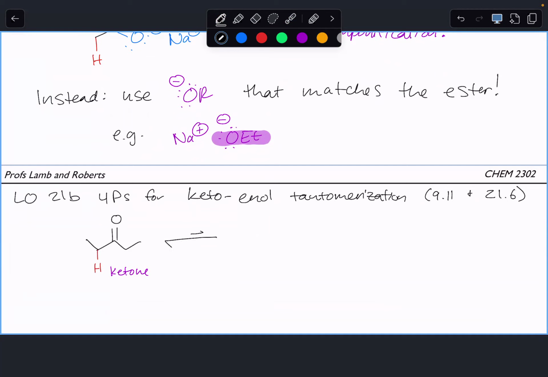It actually favors this direction to our enol form. Again, ene, alkene, ol, alcohol. We have an alkene and an alcohol. It's an enol. So the ketone is usually favored. Not always, but usually.